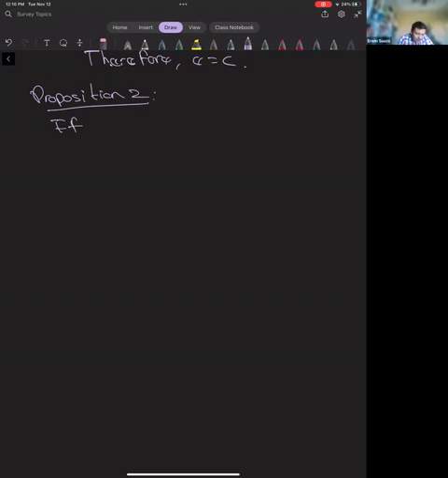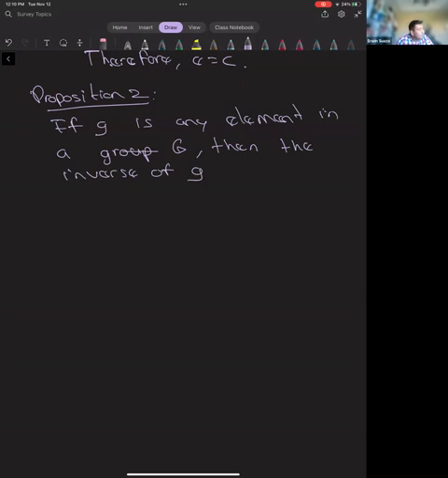So if G is any element in a group G, then the inverse of G, denoted by G inverse, is unique.